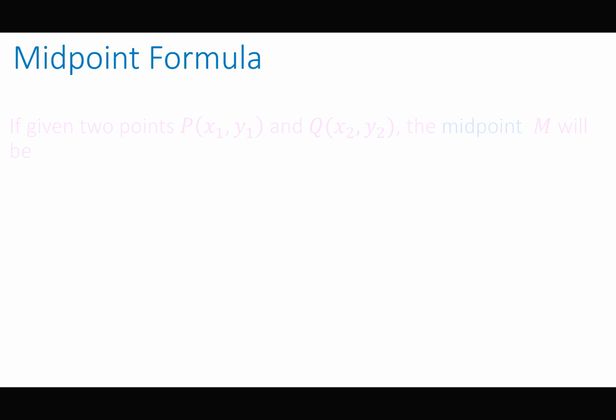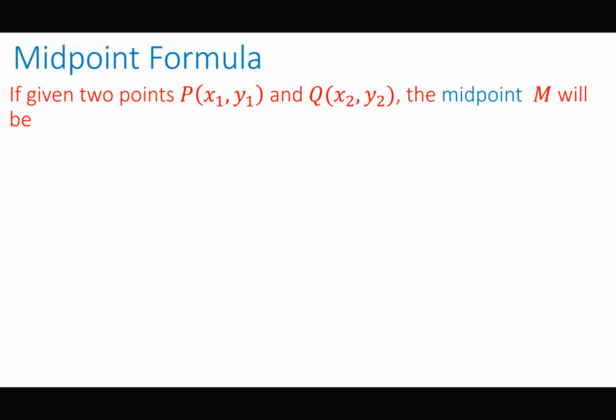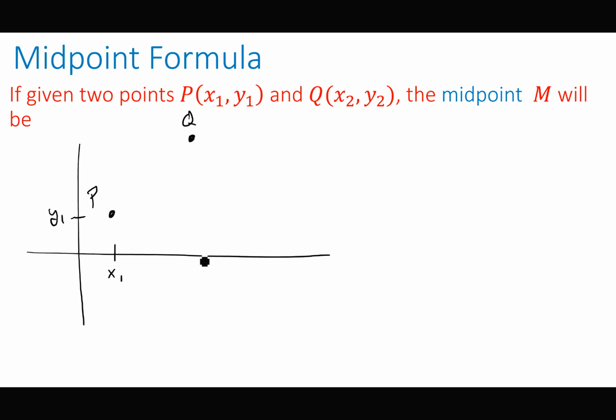Okay, midpoint formula. So now, given two points again, P and Q. So if we had some coordinate axis, and I had some point P, and then some other point Q, and P is at x sub 1 and up y sub 1.